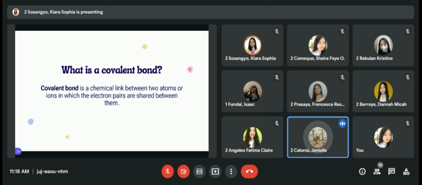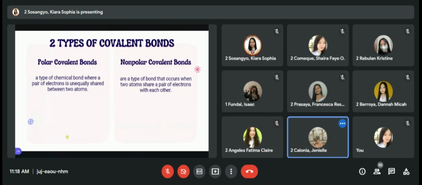What is a covalent bond? A covalent bond is a chemical link between two atoms or ions in which the electron pairs are shared between them. These electron pairs are known as shared pairs or bonding pairs, and the stable balance of attractive and repulsive forces between atoms when they share electrons.